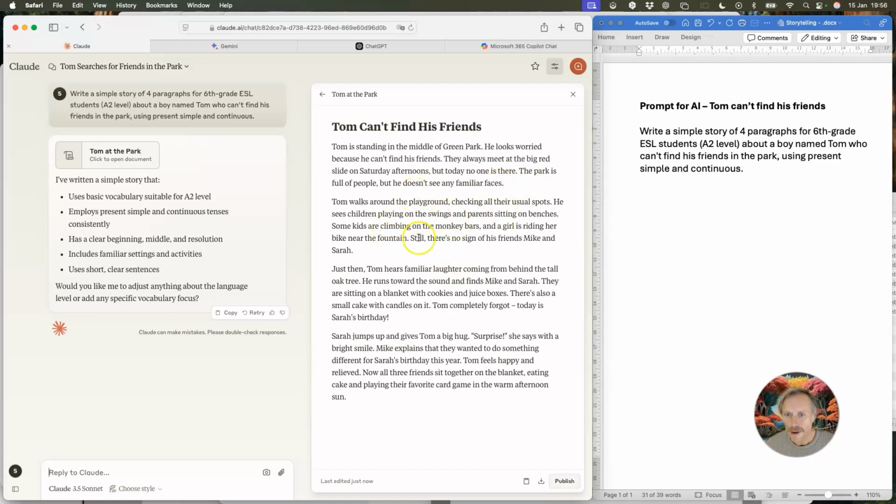Now you notice that there are some vocabulary words that maybe are new, like monkey bars and so on, but we could ask it to modify it.